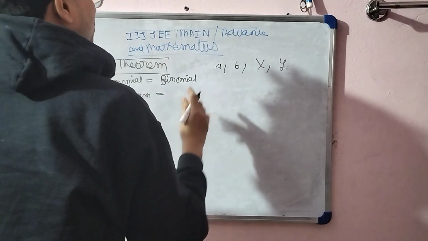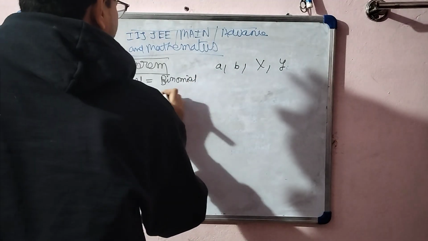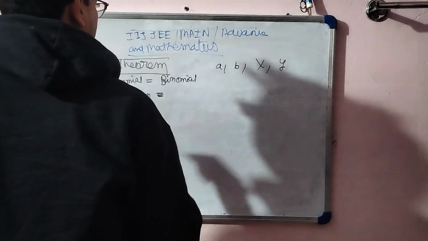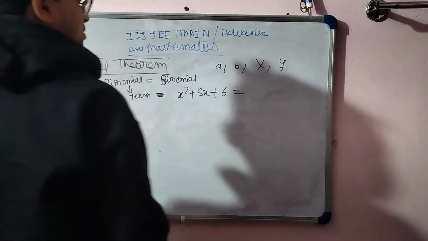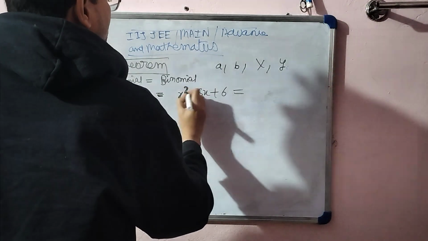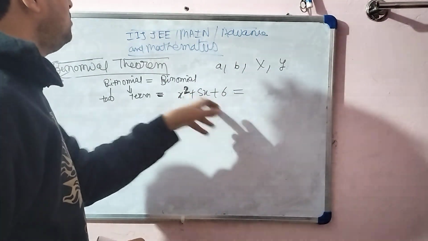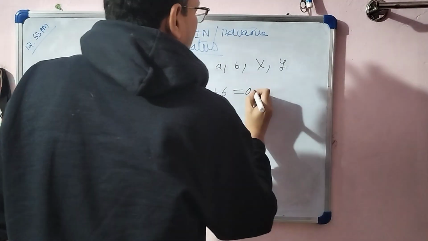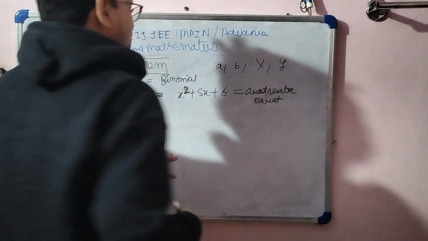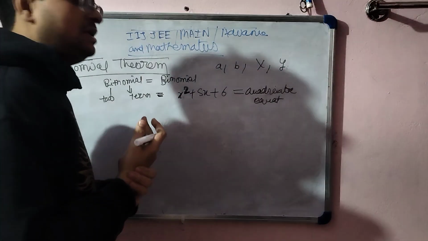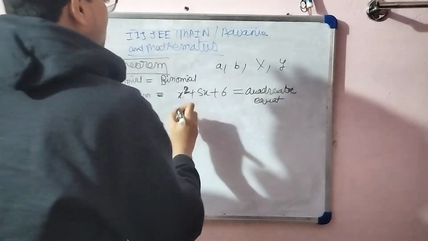Like x square plus 5x plus 6, a quadratic equation, where the maximum power of the term is square, so it is called a quadratic equation. x square plus 5x plus 6 is a polynomial.